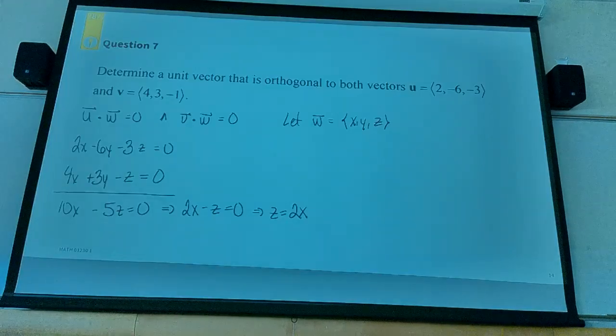Let's plug that in to either of the 2 equations. Let's plug it into the second one. You get 4x minus 2x is just 2x. Solve for y in terms of x.